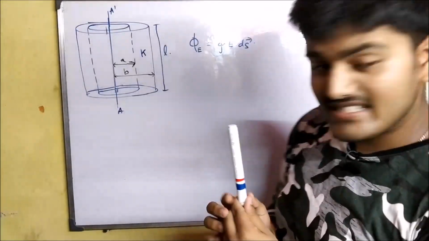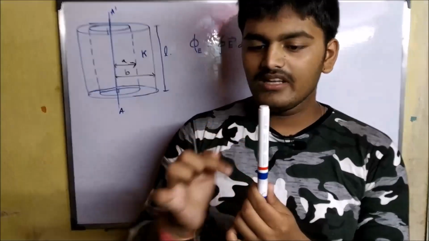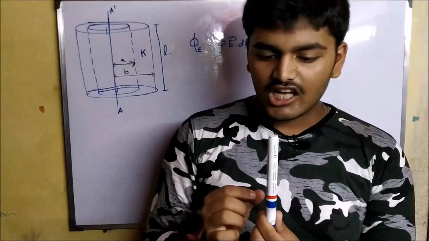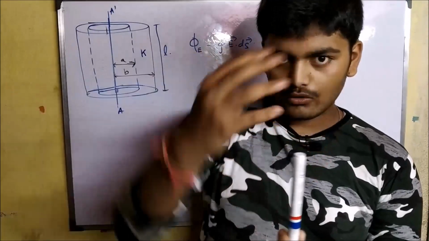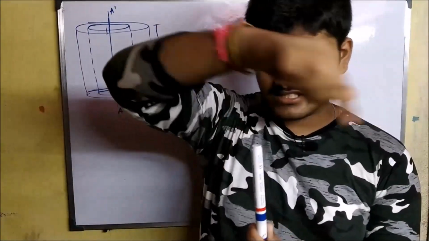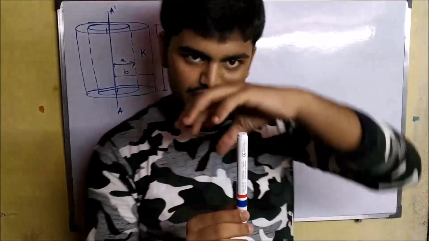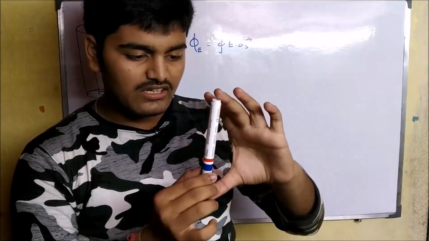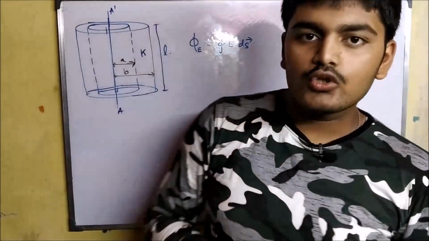Now we see that the electric field lines coming out from this cylinder will be circular lines coming from this center line, something like this. So for that purpose, the angle between these electric field lines and the axis of the cylinder is totally 0 degree, as they are in the same plane.